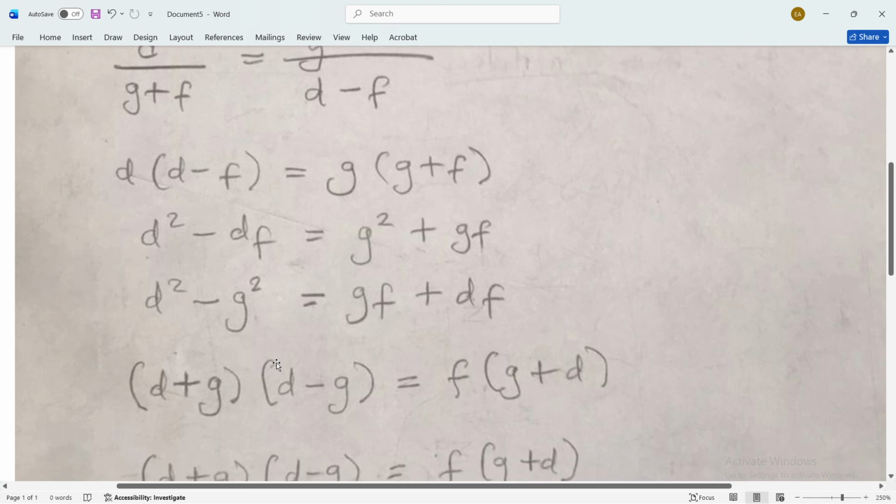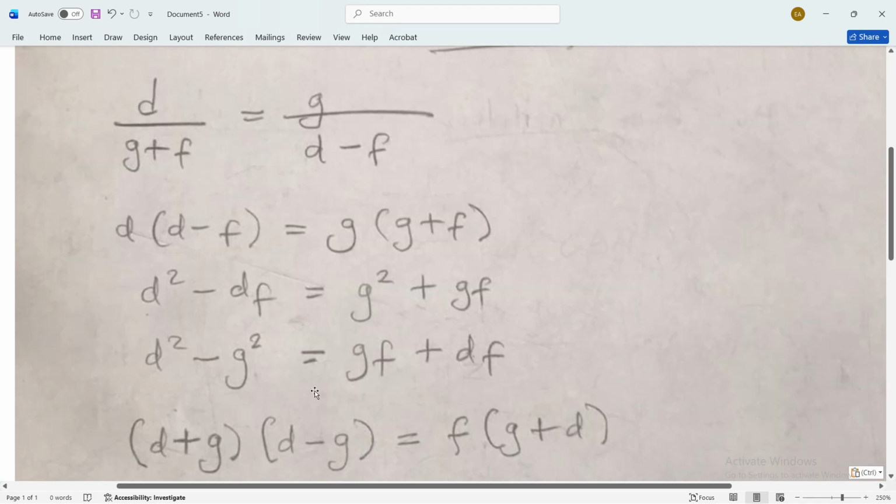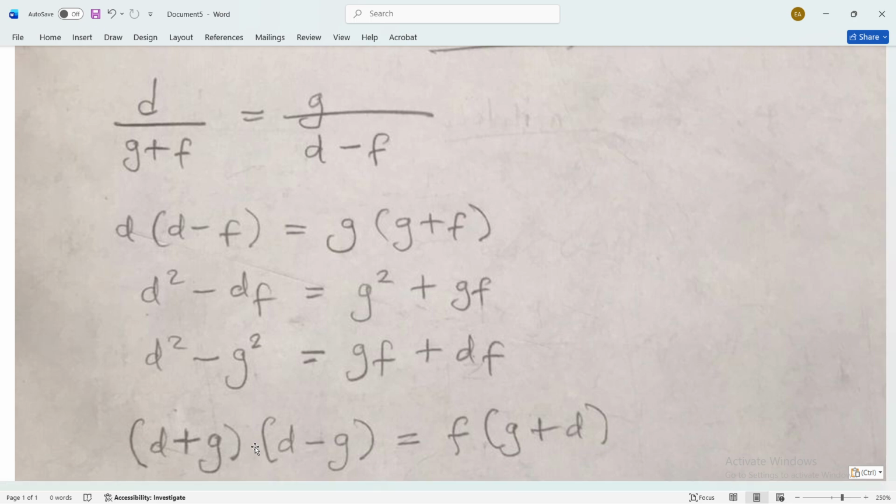So when you take all in brackets d plus j multiplying d minus j, d multiplying d will give us d square, d multiplying negative j will give us negative dj.